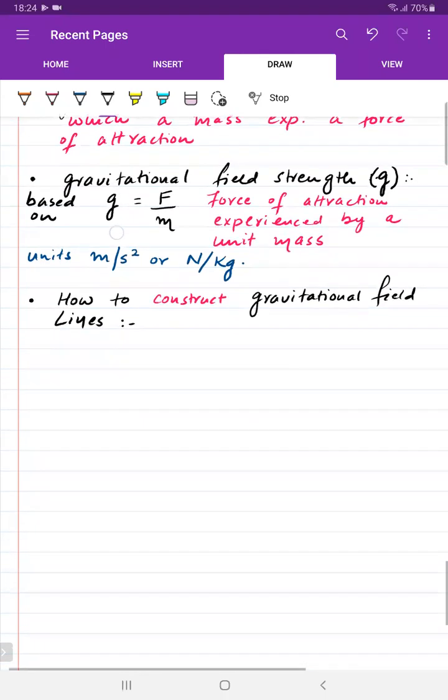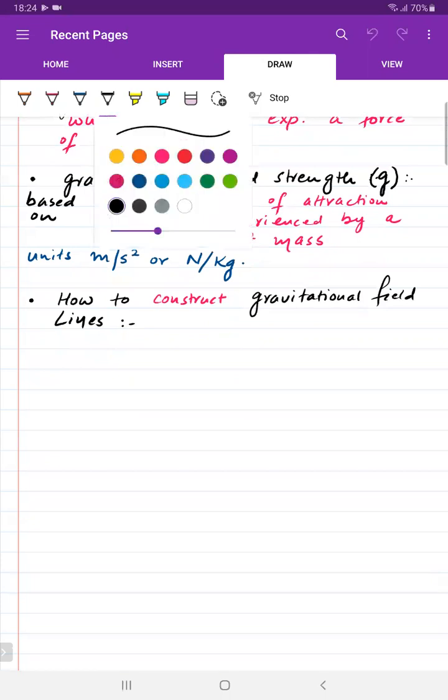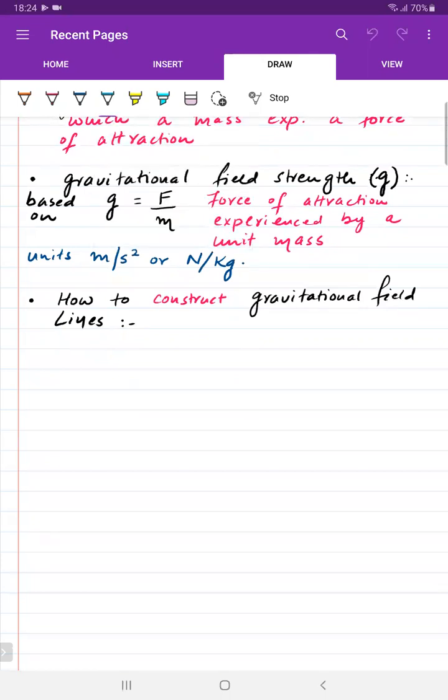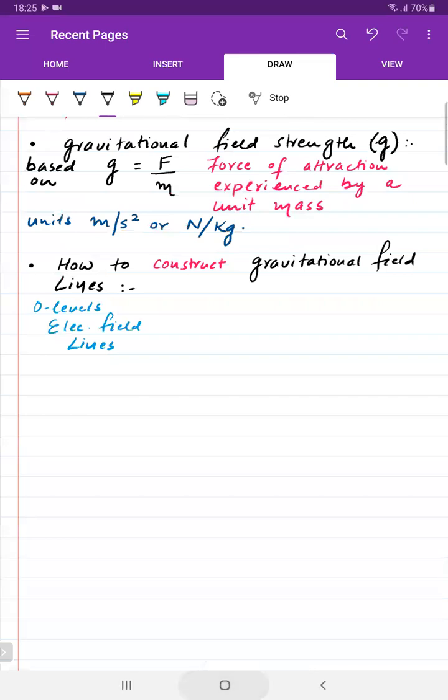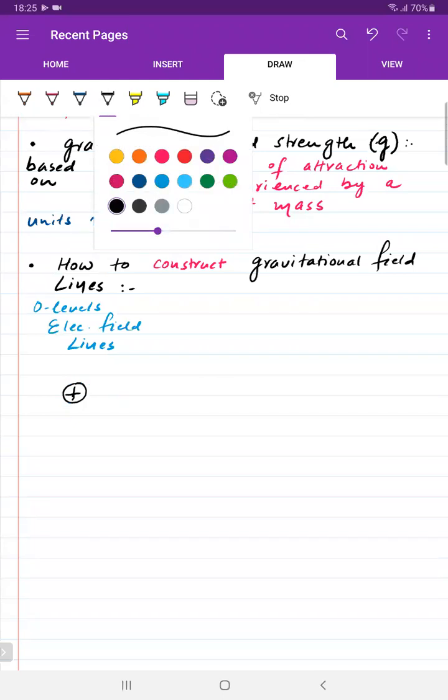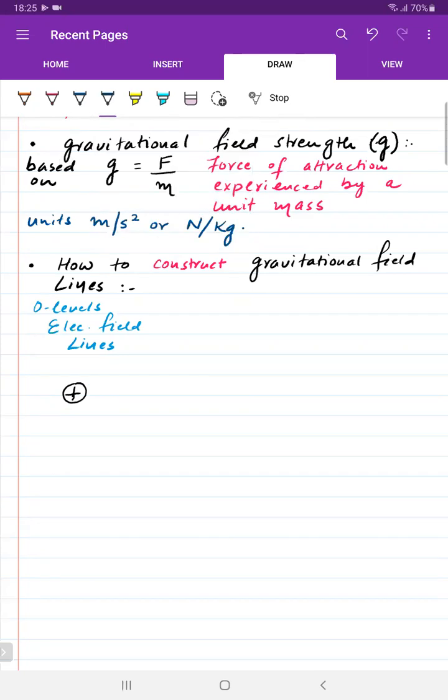ठीक है, तो कंस्ट्रक्शन का भी थोड़ा सा आइडिया दे दूं. रिमेंबर ओ लेवल्स के अंदर you were taught how to construct electric field lines. ठीक है, and for those of you जिनको याद नहीं है, so remember electric field lines ऐसे बनाते थे. For a positive charge, the electric field lines were shown to be pointing outwards.